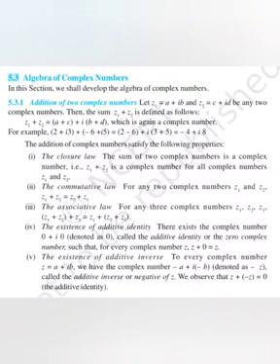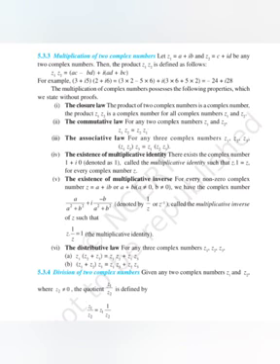Now we have a few more properties on multiplication of complex numbers. If we have complex numbers z1 equal to a plus iota b and z2 equal to c plus iota d, then z1 into z2 is equal to real part of z1 into real part of z2 minus imaginary part of z1 into imaginary part of z2, plus iota times real part of z1 into imaginary part of z2 plus imaginary part of z1 into real part of z2.